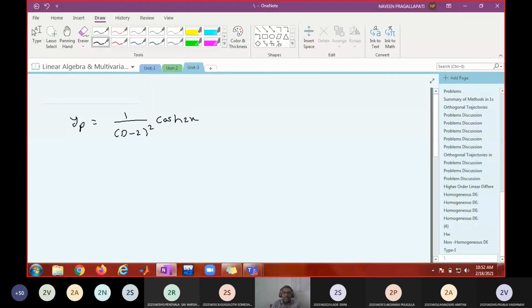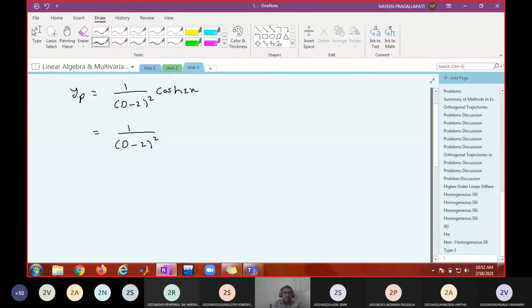But what is the definition of cos h 2x? It is e power 2x plus e power minus 2x, divided by 2.